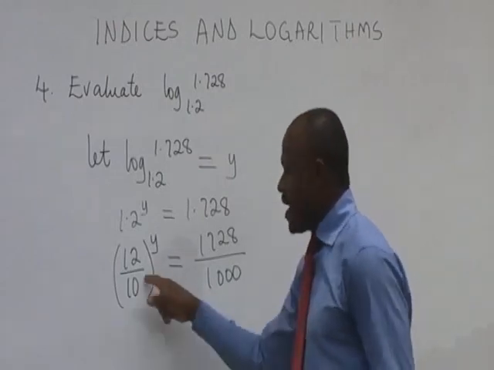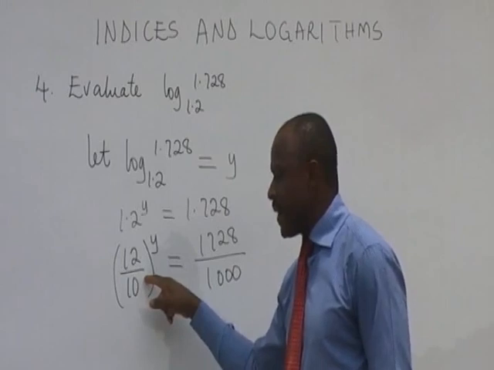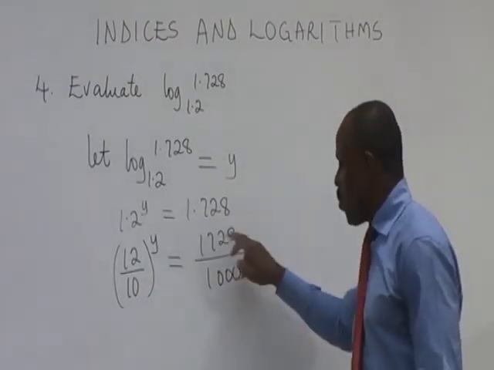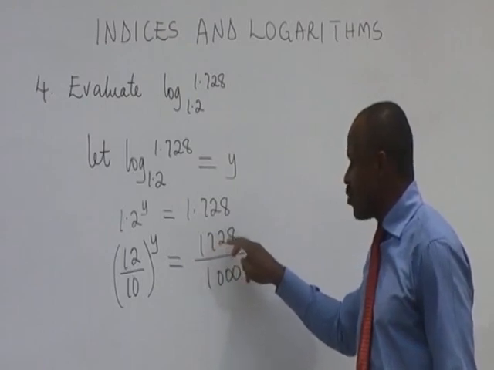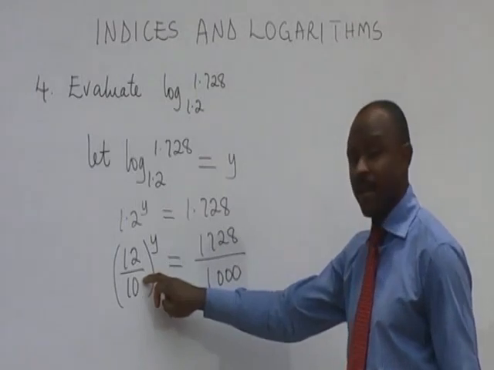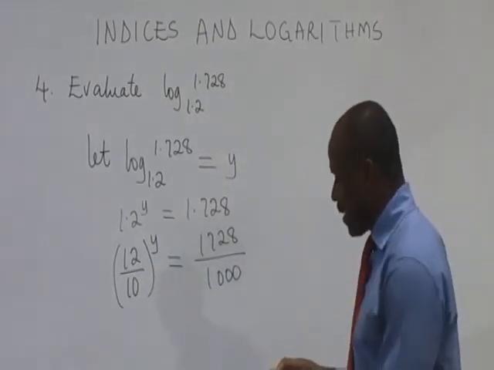Now, you have the index of 12 all over 10 in the left-hand side of the equation. Change 1728 all over 1000 into an index of what you have here. How do you do it? Just use a calculator.